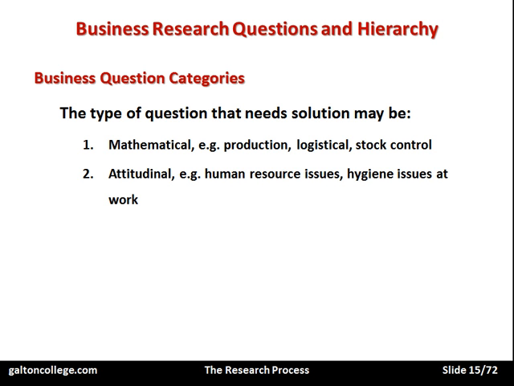For example, attitudes of customers towards the product, or the attitude of workers towards working in the company. Looking at the hygiene issues at work, for example, looking at the conditions of work, looking at how the offices are structured and if it's nice or not nice, and so it's looking at attitudinal issues.